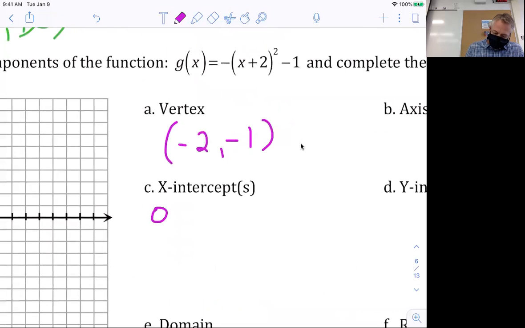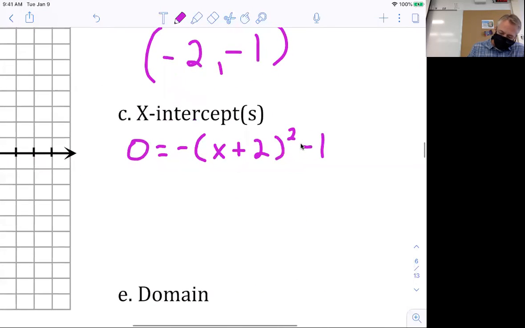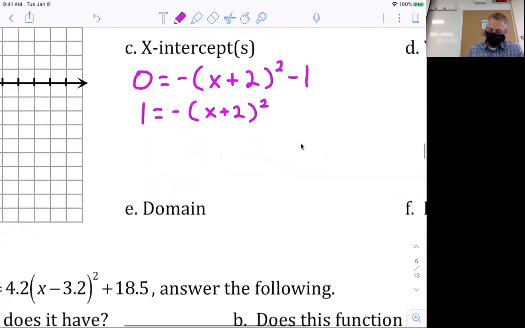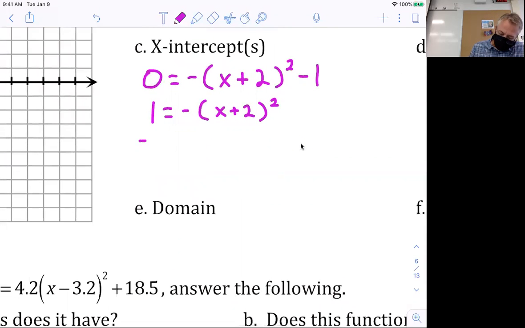So I do 0 equals the opposite of x plus 2 squared minus 1. Move the 1 over, so I get 1 is equal to the opposite of x plus 2 squared. Divide by -1. And now I can see where those complex numbers are going to come from.